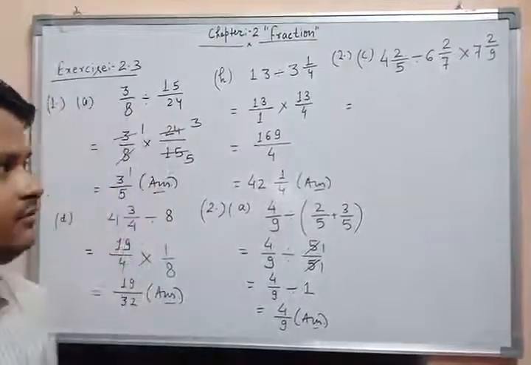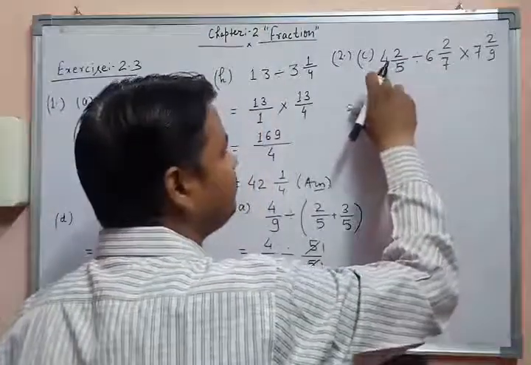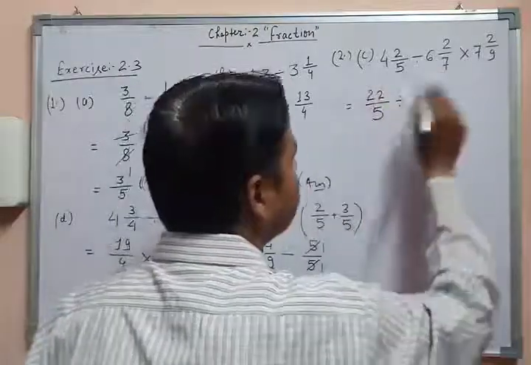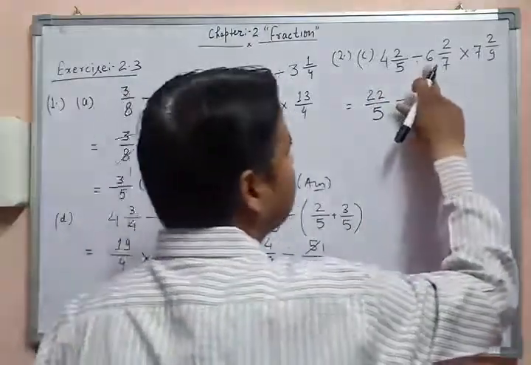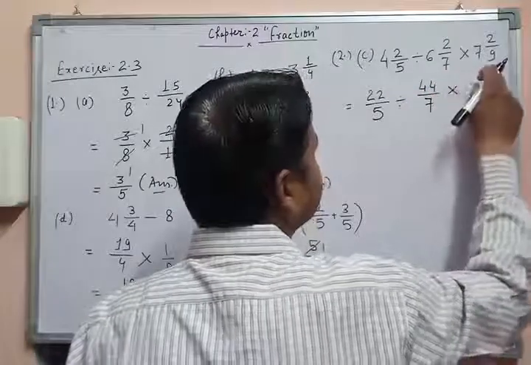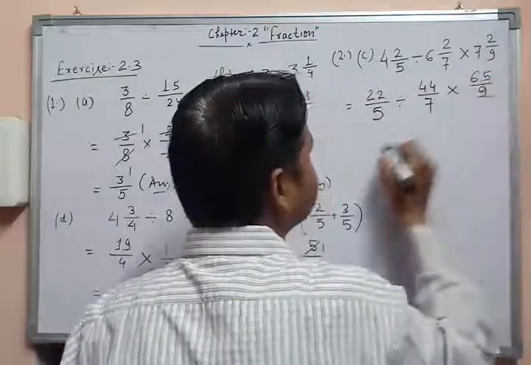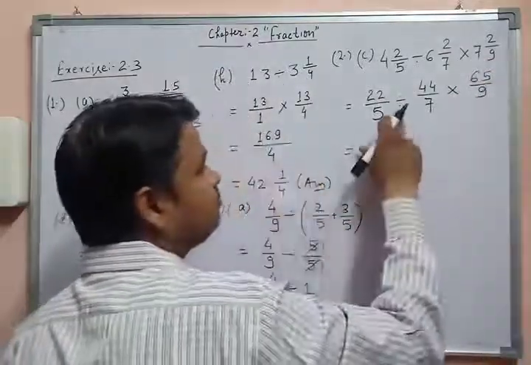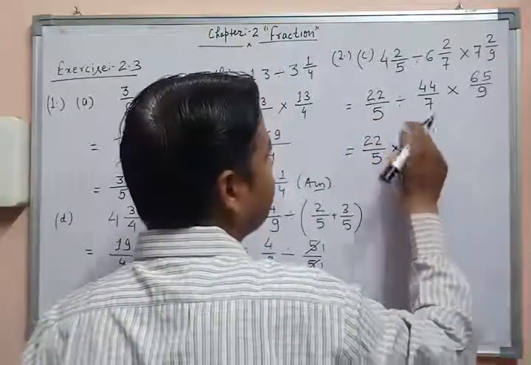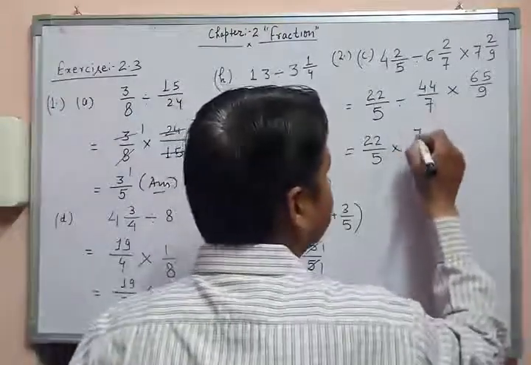First of all you have to convert all these fractions into improper fractions. 4 5s are 20 plus 2, 22 upon 5, divided by 7 6s are 42 and 2, 44 upon 7, multiplied by 9 7s are 63 and 2, 65 upon 9. Now students, you have to change this division operator into a multiplication operator and change the fraction into its reciprocal.